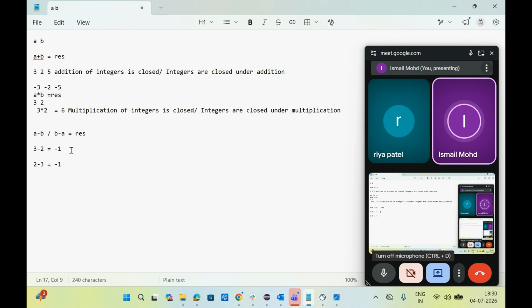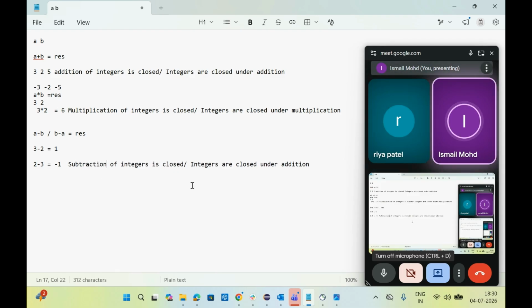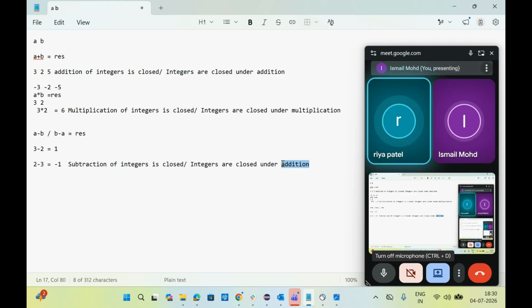This is an integer, this is an integer, and 1 is also an integer. Minus 1 is also an integer. So subtraction of integers is closed, or you can say integers are closed under subtraction.